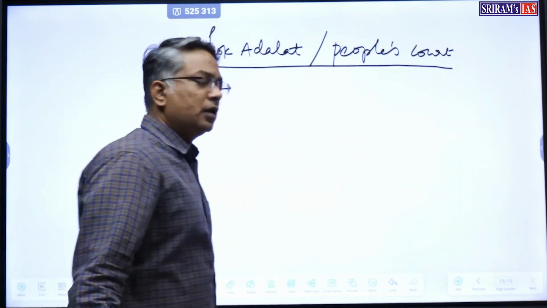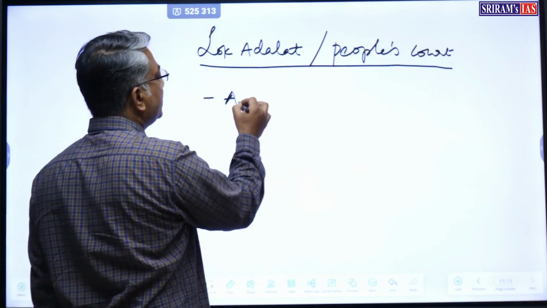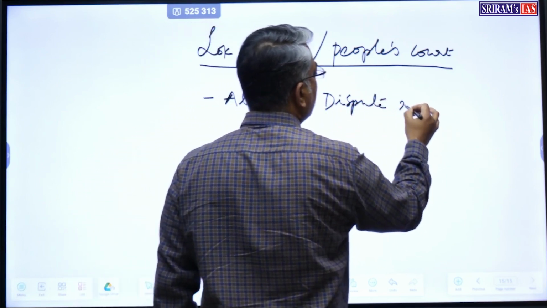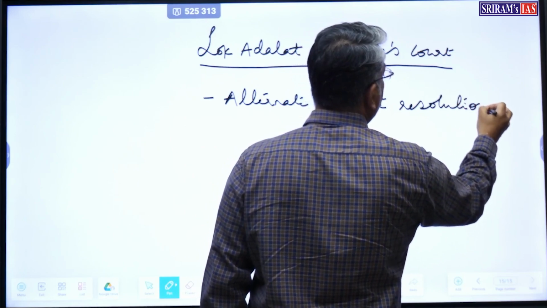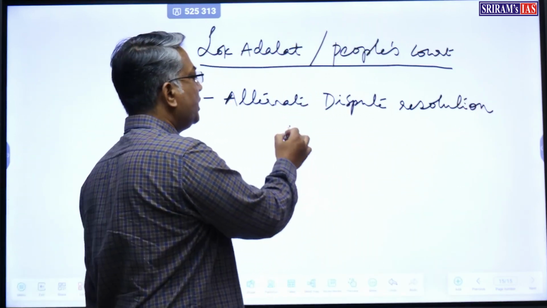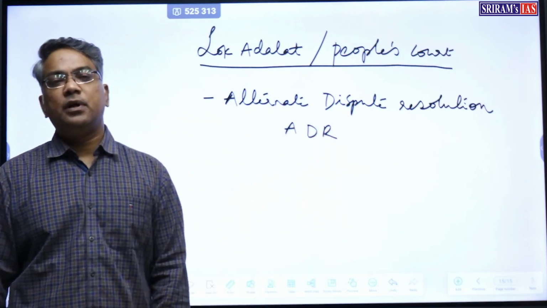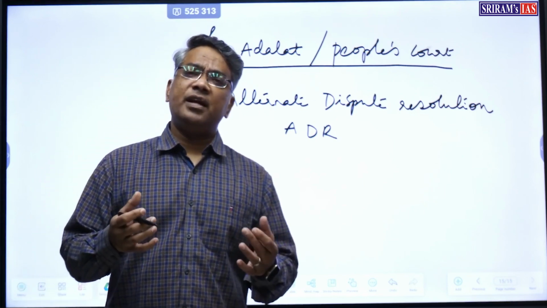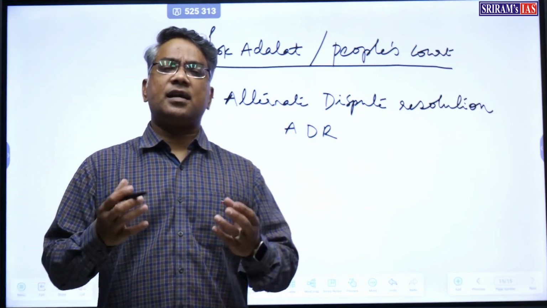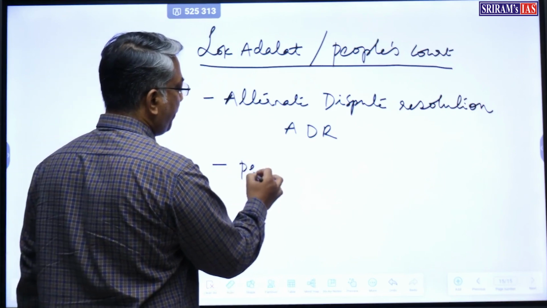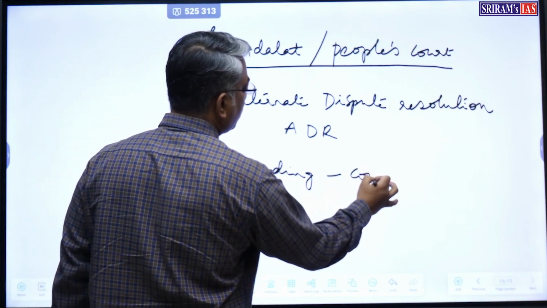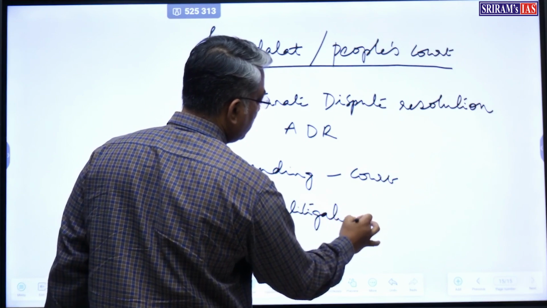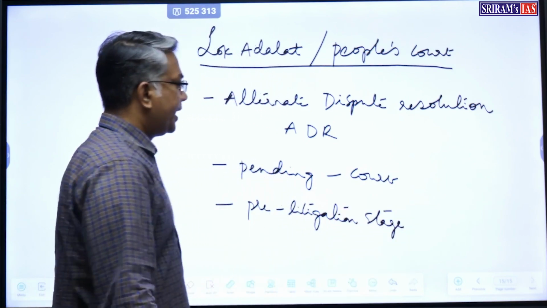Lok Adalat or People's Court is one of the alternate dispute resolution mechanisms, that is, the ADR mechanism, where the cases pending before a court or cases at the pre-litigation stage are settled in an amicable manner.